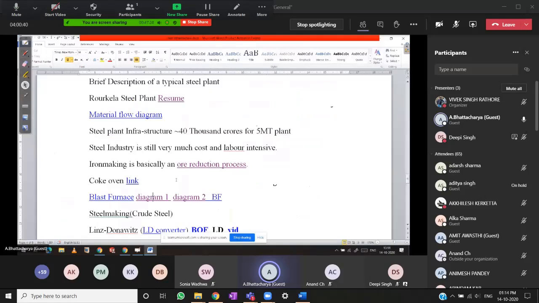It is heated in a closed chamber, and the impurities are removed. Coke is almost pure carbon, while coal contains a lot of impurities like volatile matter, so that cannot be put in. You have to make it pure carbon, and that is done by the coke oven.